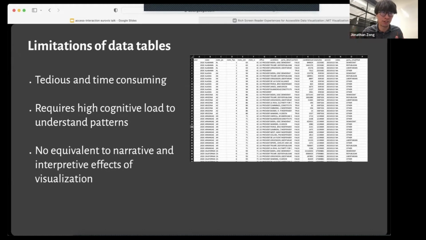They're also telling a story with the graphics and guiding you through certain interpretations based on the choices of what colors are used or what data fields are represented. So there's more going on with charts that helps someone understand what's happening than with an unstructured data table.